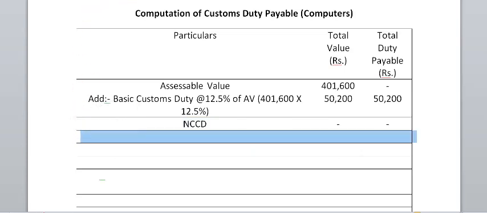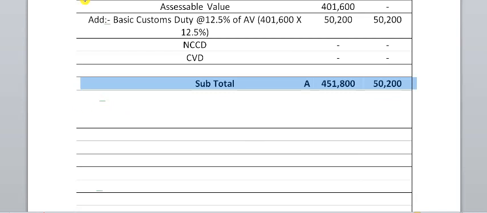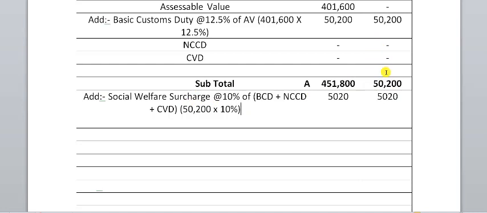Next, CVD, again you have nothing there. Subtotal A 4,51,800, 50,200. Social welfare surcharge is not mentioned in the illustration, but we have to find it. We all know that by now, and it is always found on the duty amount. So duty payable up to now is 50,200, on that 10% is 5,020.